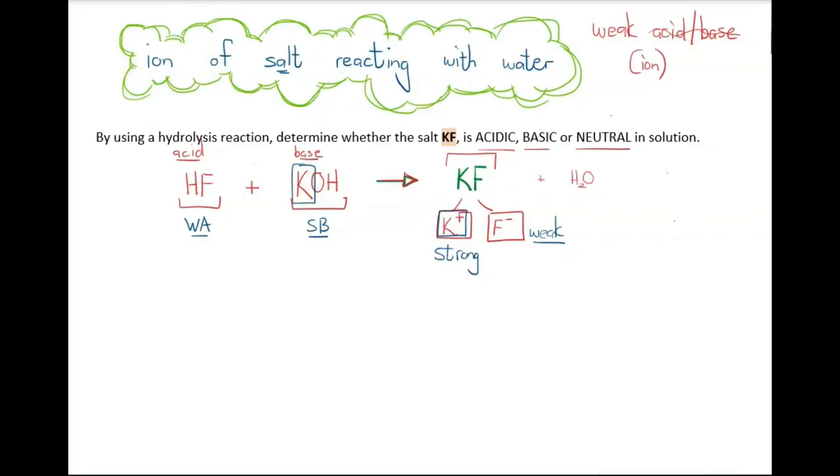So which one will react with water? Not the strong, but the weak one. And now this might not make sense because I know only in grade 12 do you actually write the equation out. But just to show you, a hydrolysis reaction is where you need to have... I know that some schools do it in grade 11, so I'm going to show you, and I see your next notes actually looks at it.